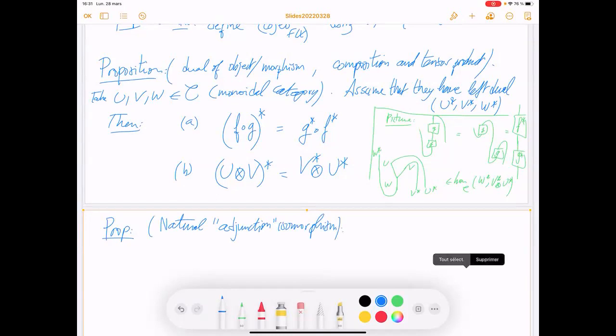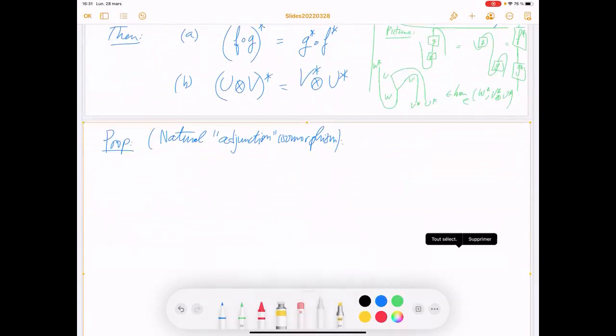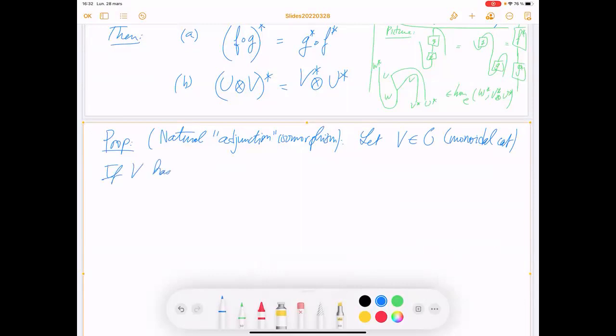So you take an object V in a monoidal category C, and you assume that this object has a left dual V star.